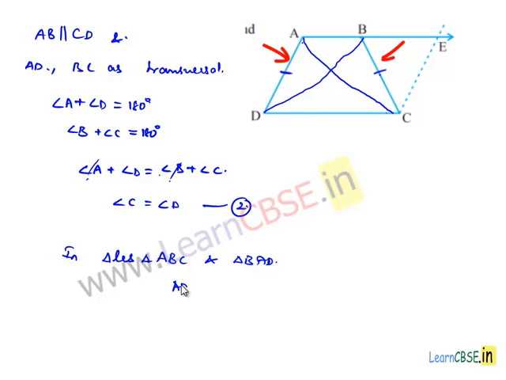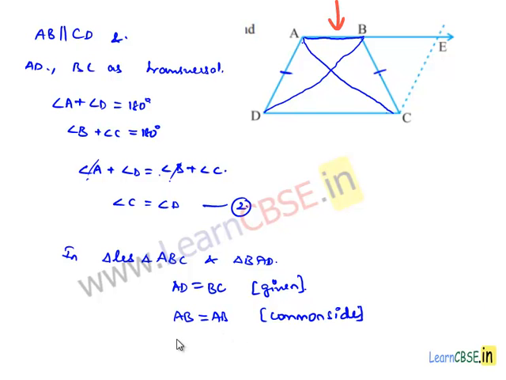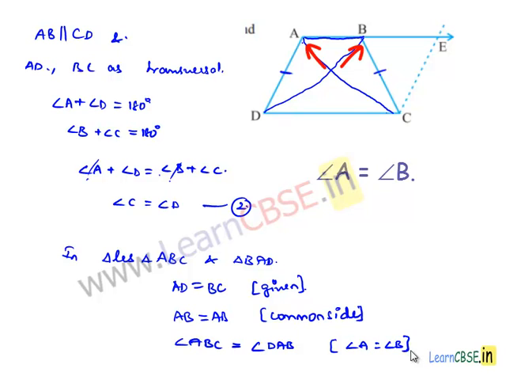AD is equal to BC, since he has given that ABCD is a trapezium in which AD is equal to BC, and we can say AB is equal to AB, which is a common side for both the triangles, and also angle ABC is equal to angle DAB, since we got that angle A is equal to angle B for the trapezium.